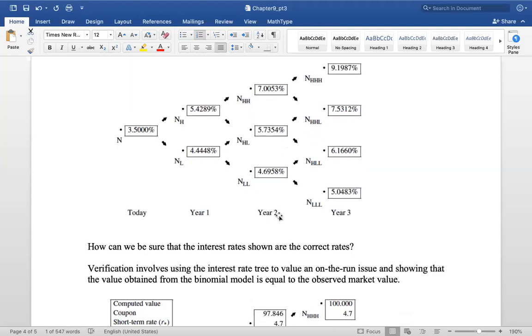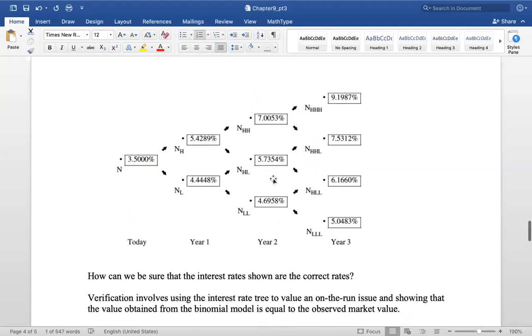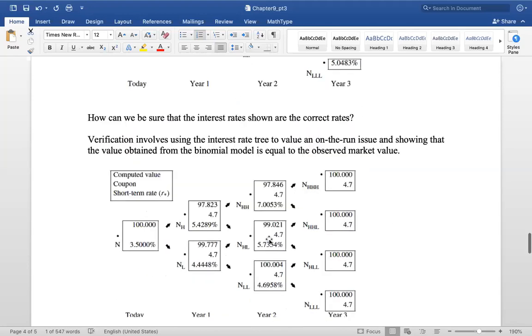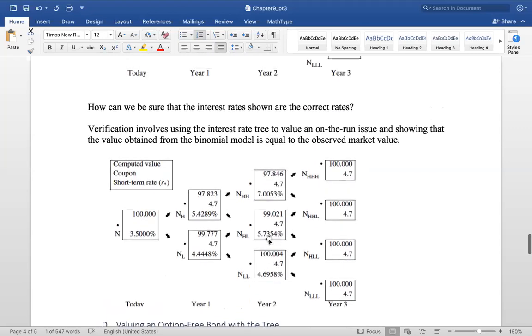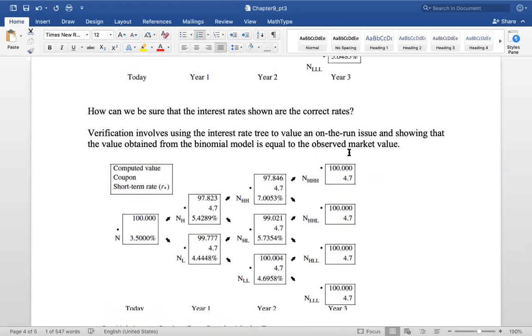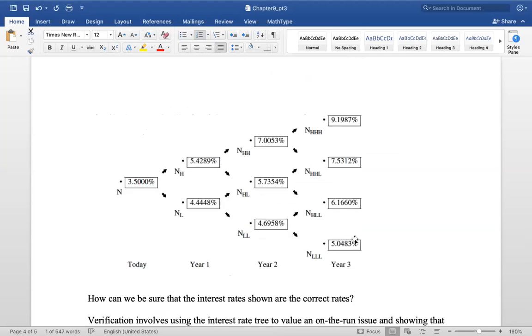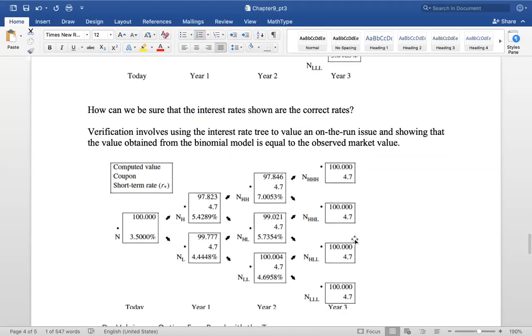So how do we verify these interest rates now? We simply verify it by considering our data. Remember the 4-year bond, which was a 6.5% bond, and if we value it, its value is 100 here, and at this node it's basically a 4.7% 4-year bond.